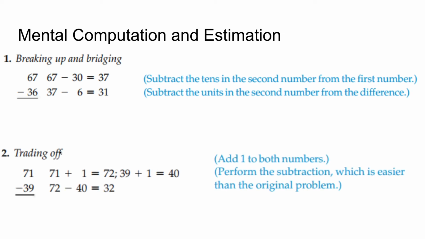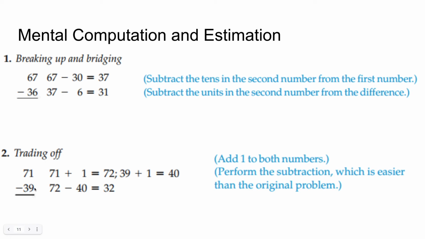Trading off, we already talked about it. Trading off is compensation. We always make the minuend an easier number rather than taking away 39. That's because rather than taking away 39, it's easier to take away 40, right?